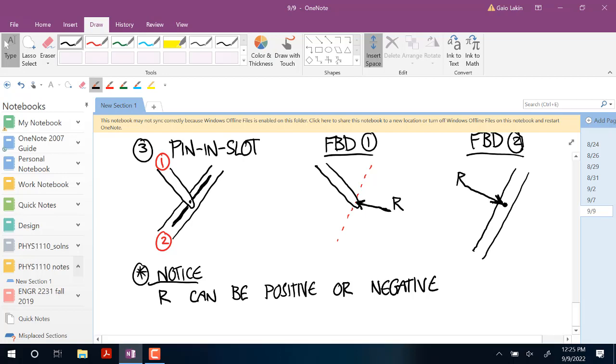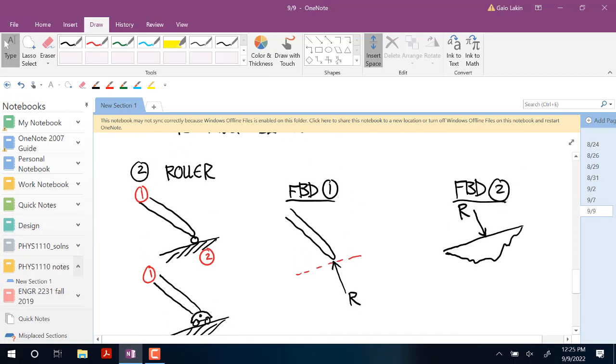Since it's a Newton's third law pair, wouldn't one of them be positive? No, because you would draw them in this direction. Think of that as just a variable that represents the magnitude in that direction. If you drew the arrows in the same direction, then yes.